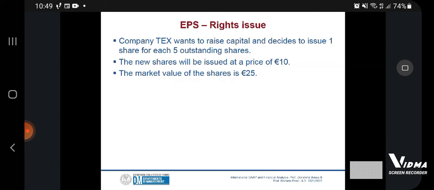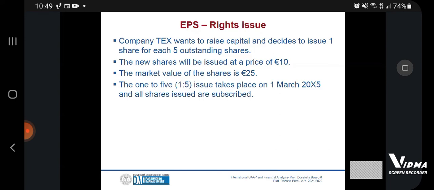And of course, before we sell these new issues in the open market, we first offer them to our existing shareholders. Each one of our existing shareholders that has 5 shares has the right to purchase 1 more at this favorable price. Okay, the 1 to 5 issue takes place on 1st of March, and all shares issued are subscribed.